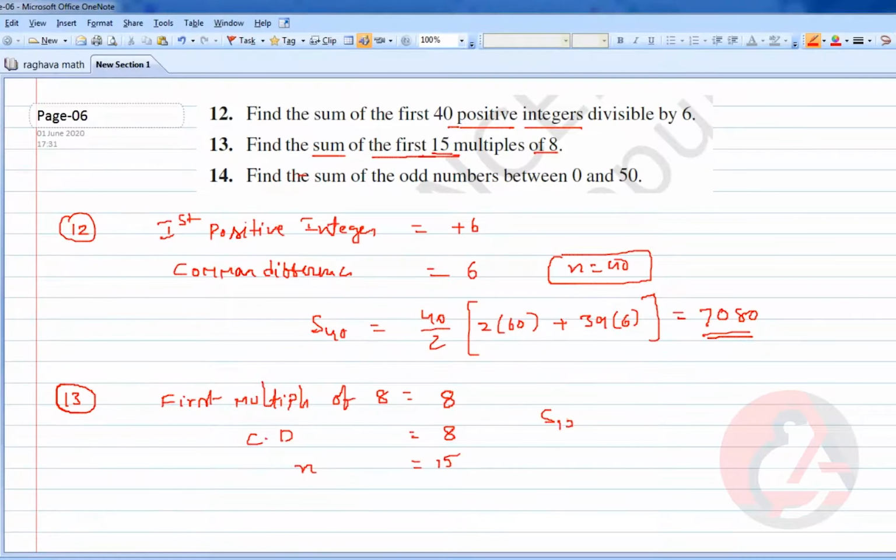So S15 is equal to 15 by 2 into 2 into 8 plus 14 into 8, because n minus 1 is 14, and the common difference is also 8. Find out this one.